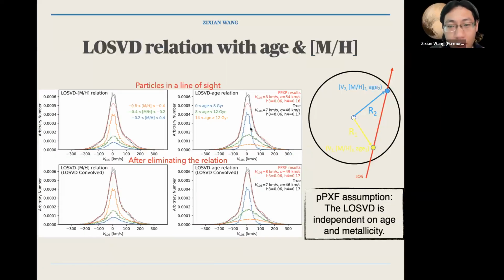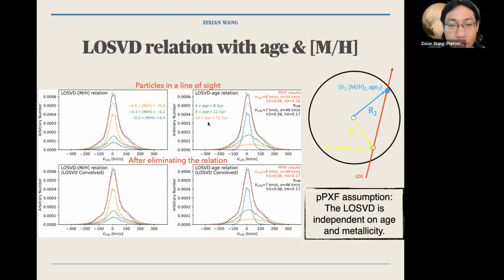To go into detail on the velocity distribution, you can infer it from this figure. I don't have time to expand this figure, but basically I take all the particles in one Voronoi bin and plot their line-of-sight velocity distribution, the gray line.